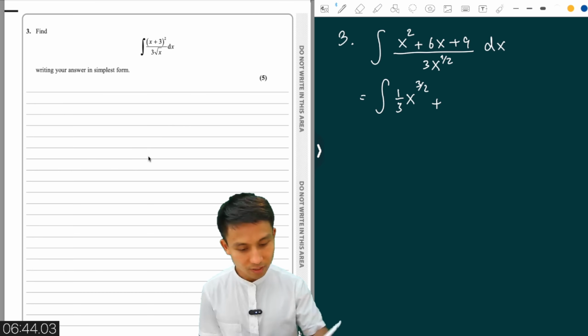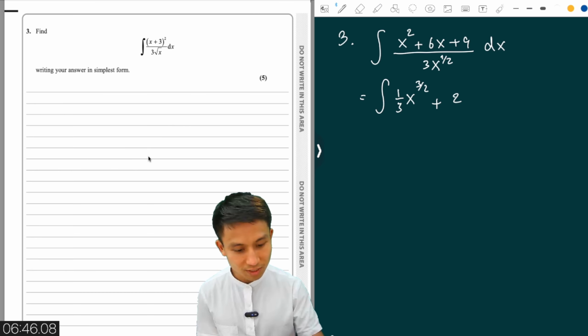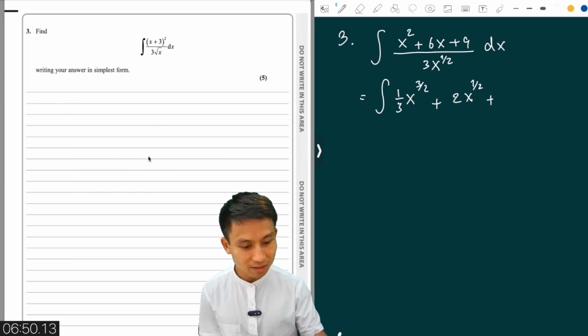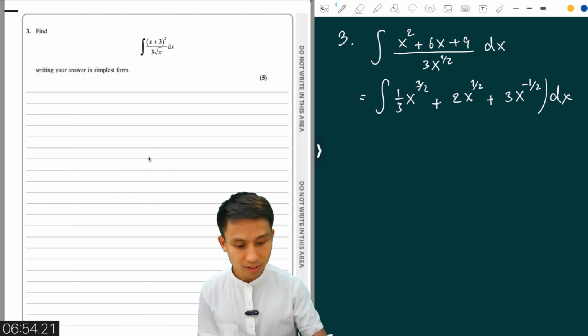Plus 3 dividing into 6, so we get 2 here, and this is x to the half, plus 3 dividing into 9, we get 3, and this is x to the minus half. All right, all that. Let me double check again. Yeah, I'm happy with that.